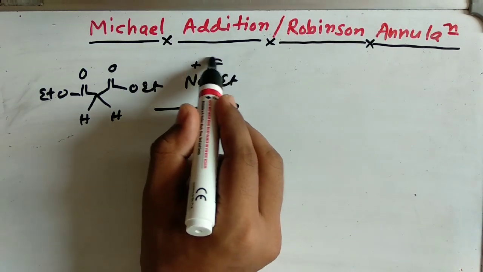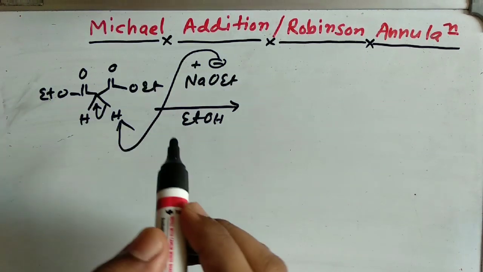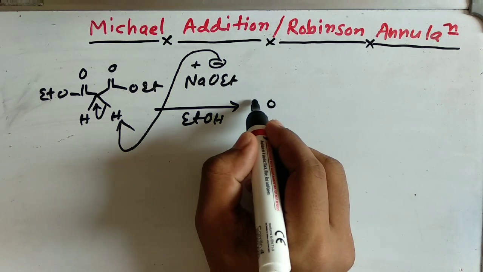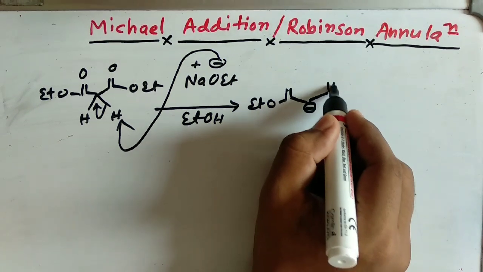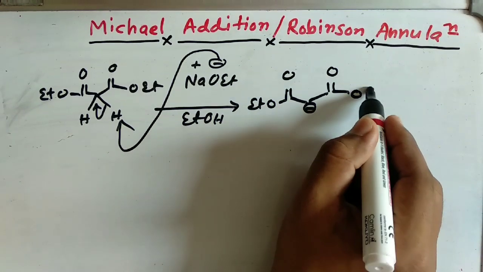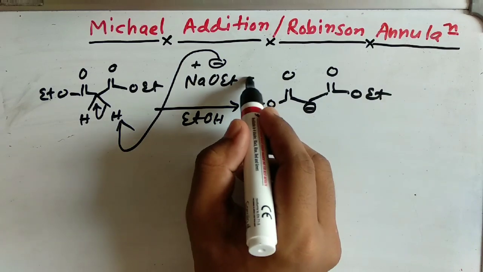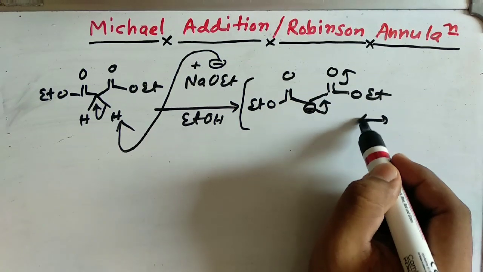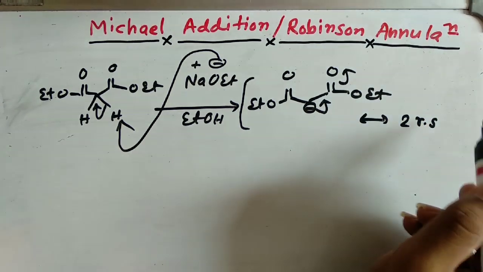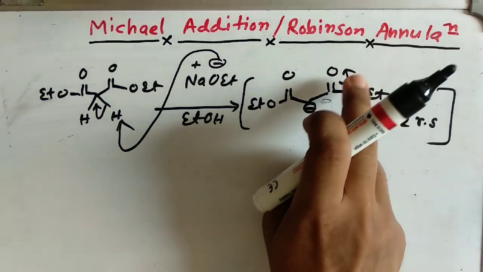NaOH is a source of OH minus, so this will accept this hydrogen atom and one negative charge will be formed over here. So the product will be this. This negative charge is resonance stabilized. I am not showing the resonance structures, but this kind of resonance stabilization will occur and we will get two resonance structures. So this negative charge is resonance stabilized.